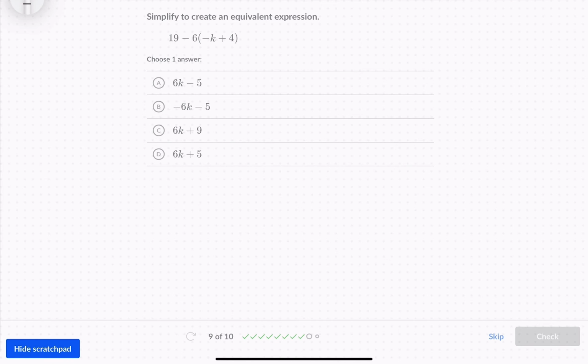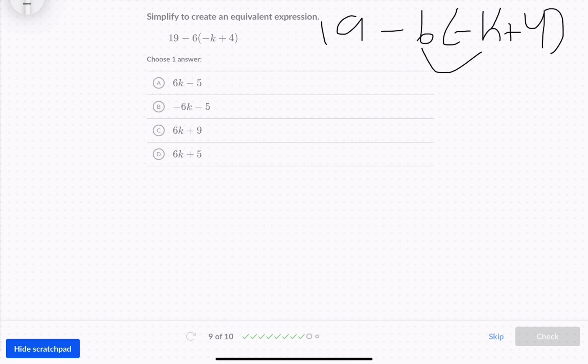Number 9. Simplify to create an equivalent expression. 19 minus 6 times (minus k plus 4). If we do the parentheses first, it's 6k, because negative times a negative is a positive.